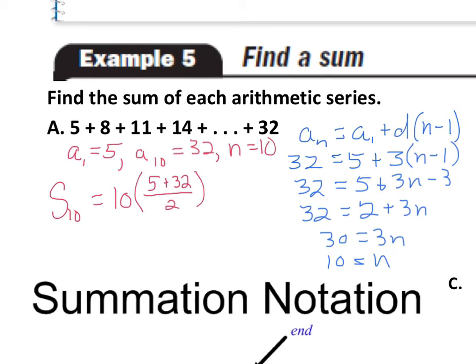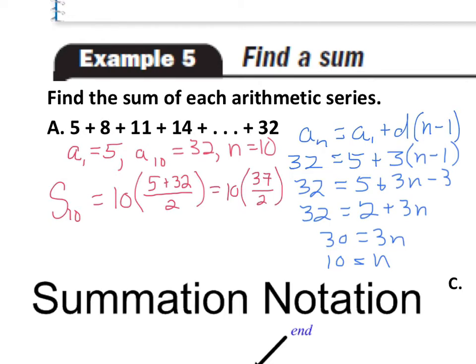If you're going to use a calculator, make sure you are adding first. The computation in the numerator needs to be done first, so put an extra set of parentheses. Otherwise, just do this: 5 and 32 make 37, and then divide that by 2.